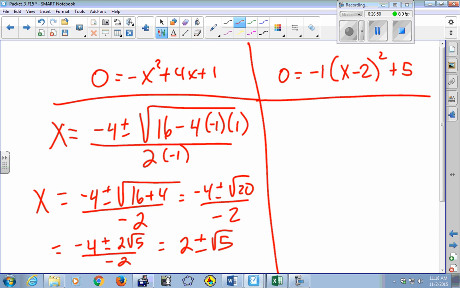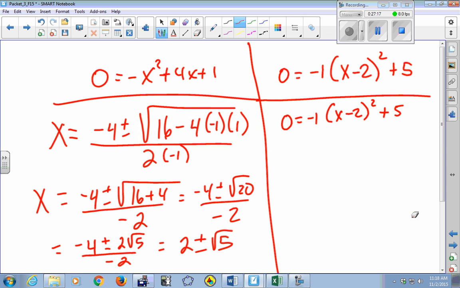You can work with this form as it is, or you can square this binomial, change every single sign, add 5, and come back to your polynomial form and use your quadratic formula. Because we have a tendency to make a mistake when it's in this form. So let's talk about it and point out where we make mistakes, and hopefully we can eradicate them.